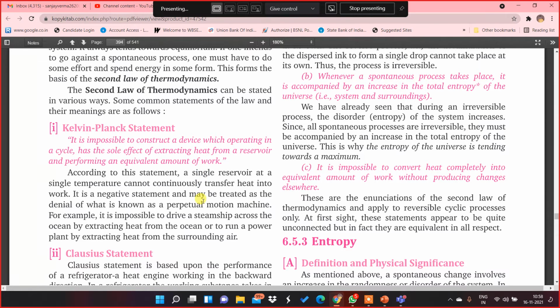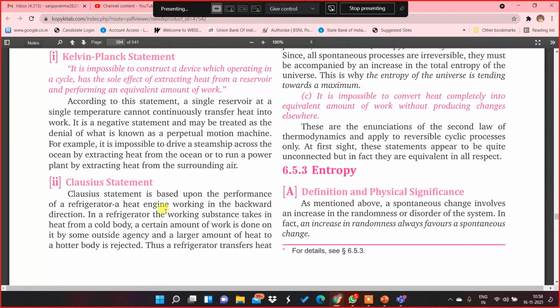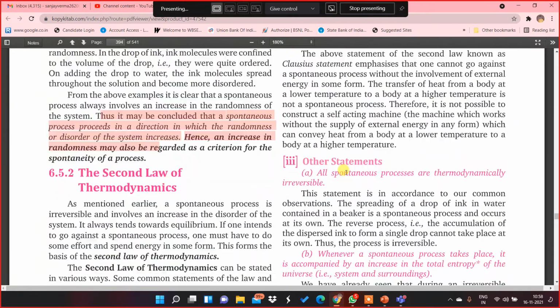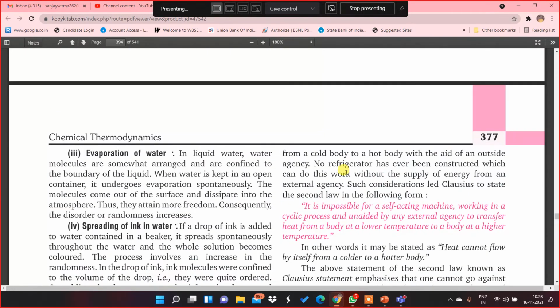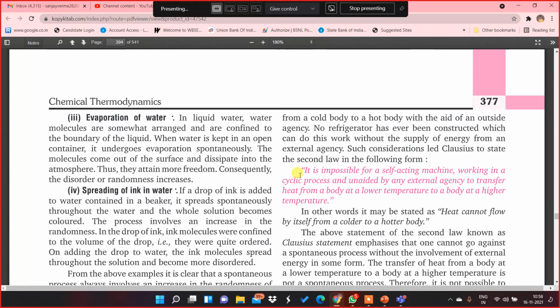Now, the other one is called the Clausius statement. According to Clausius, it means the same thing.